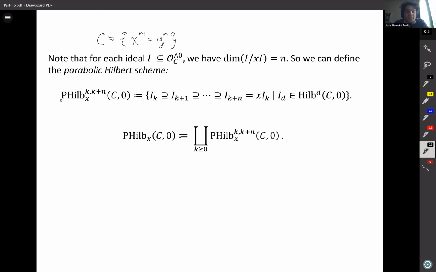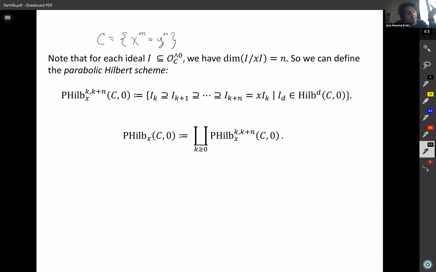In other words, I can consider all chains of ideals of length n, where the last ideal is x times the first ideal. And I want each one of these ideals to have codimension 1 inside the previous one. And similarly to what I did before, I will consider just a disjoint union of all these parabolic Hilbert schemes. That's when I don't write a superscript in here.